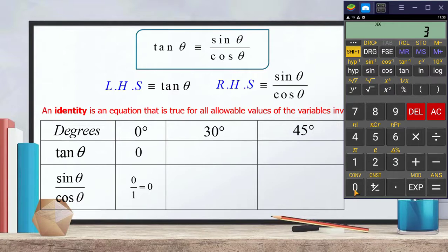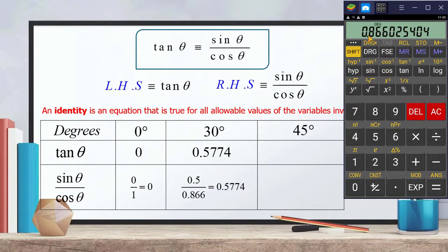Okay, so let's try this for 30 degrees. Tan 30 degrees is 0.5773, which when abbreviated can be written as 0.577. What about sine 30 degrees? Sine 30 degrees is 0.5, so we've got 0.5 as the numerator. What about cosine 30 degrees?